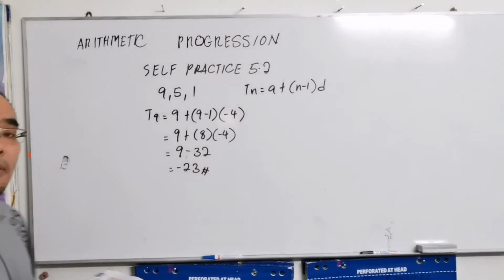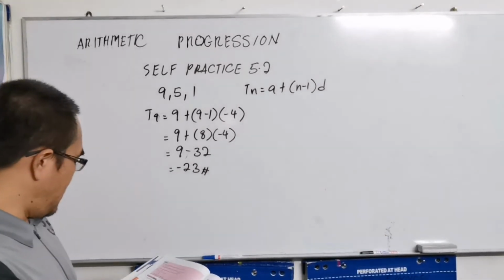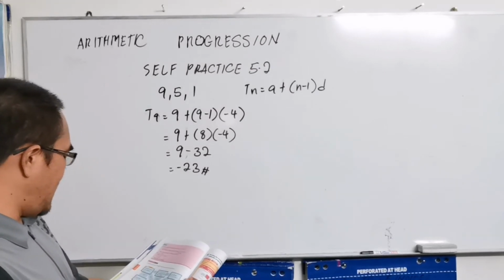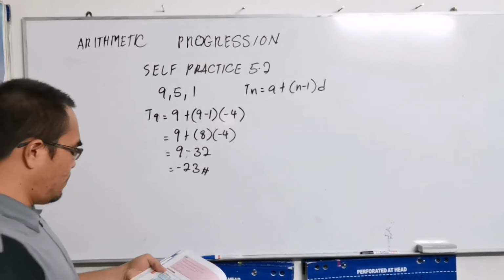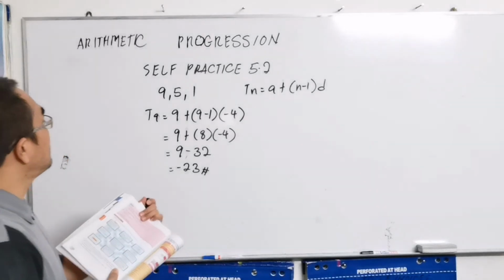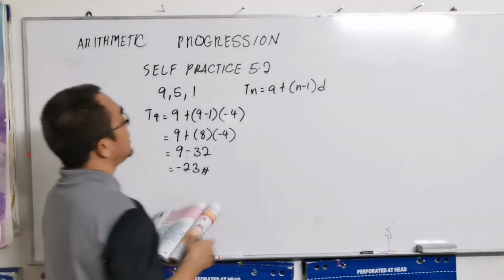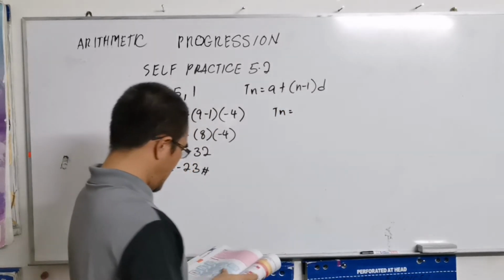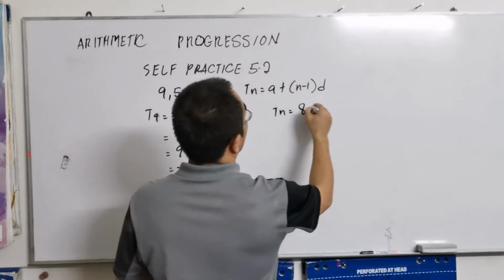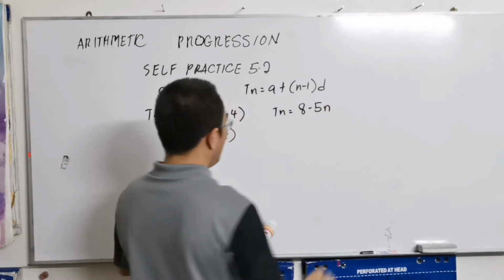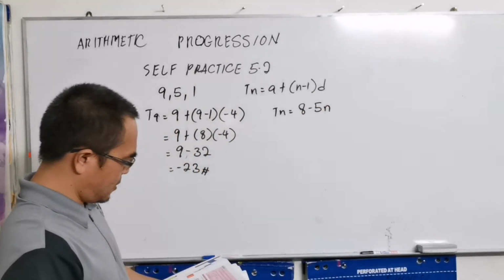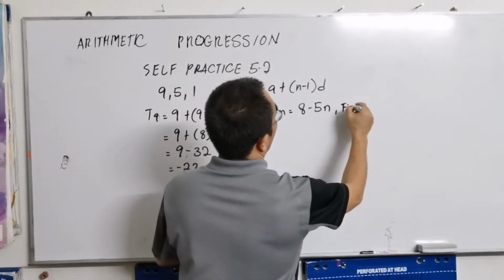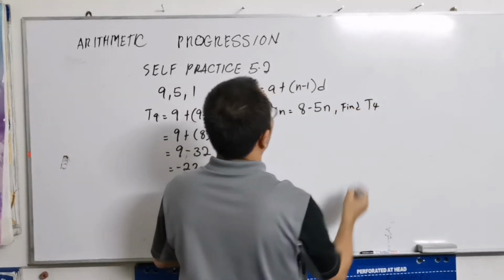And then the second question would be, given that Tn equals 8 minus 5n, find T4.